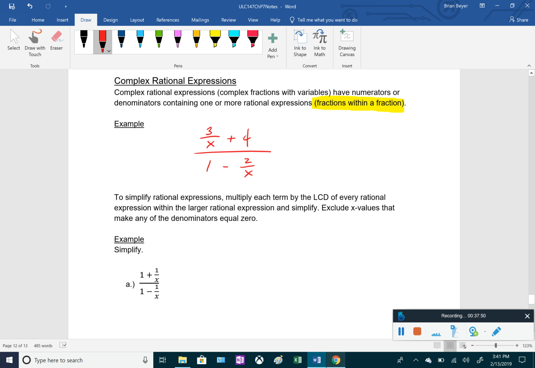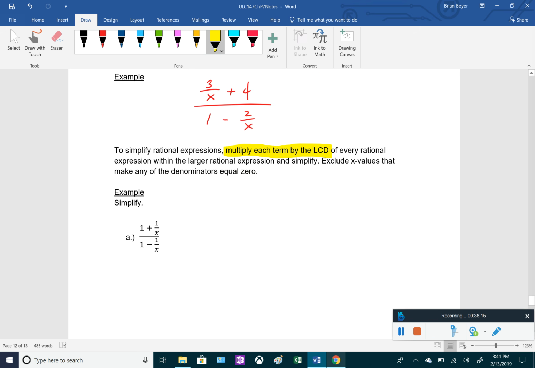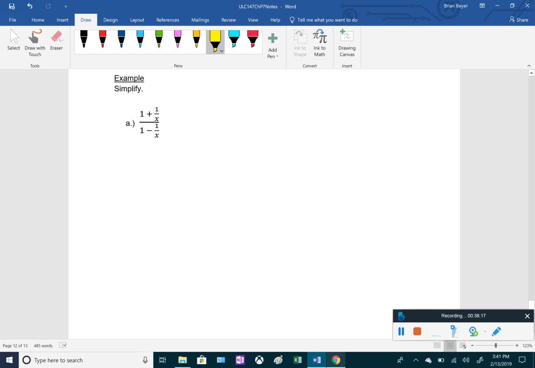To simplify them, all we have to do is multiply each of these terms by the LCD of every rational expression within the larger expression. If you do that, every fraction is going to cancel off. All the smaller denominators are going to cancel. And then once again, we have to exclude x values that make any denominator equal 0. So this first one here, we have 1 plus 1 over x, all divided by 1 minus 1 over x.